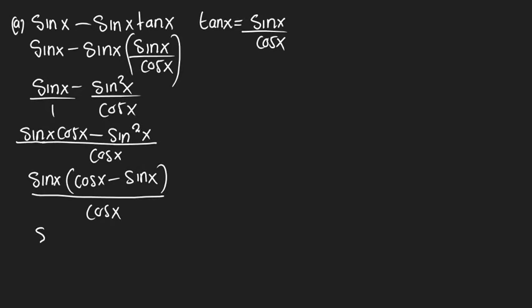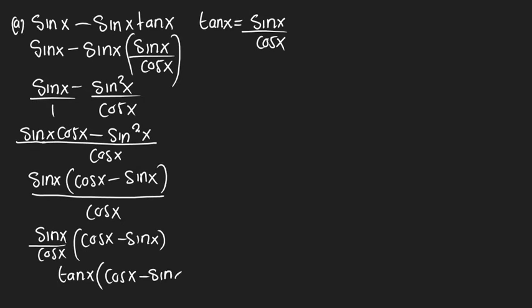So this can also be written as sine x over cosine x, then open bracket, cosine x minus sine x. Then you discover that sine x over cosine x is simply tan x. Then you open the bracket, and that gives you tan x times cosine x minus sine x, right? This is how simple this particular question is.